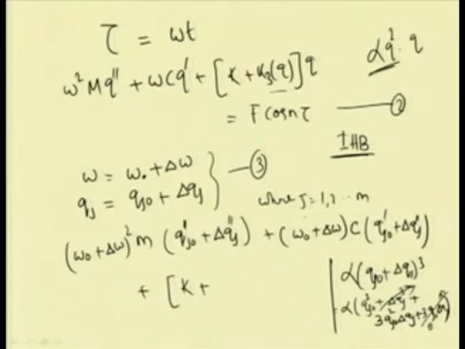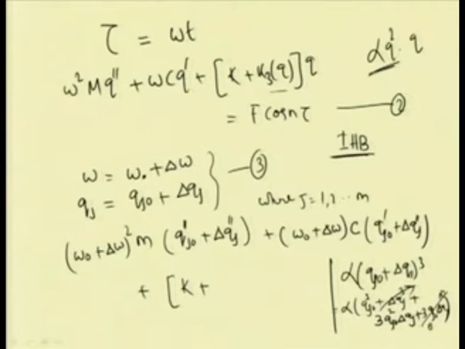In general, if this is a cubic nonlinear term, I can write these terms in this way: 3 k 3 into delta q. Or I can expand this equation and write it in a better way.